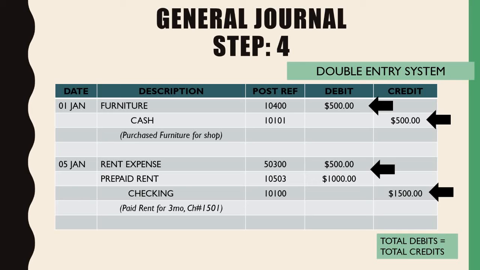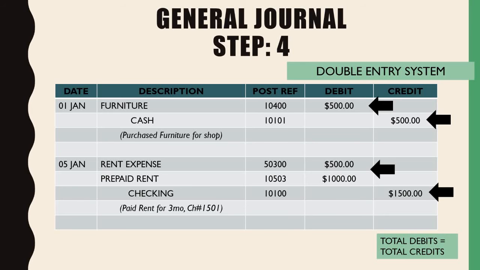So pretend we're on that number line again, right? We're using debits and credits as if they are dollars, okay? So that's why, for instance, the rent expense, right? The rent expense is $500 per month, and then the rent that we paid in advance was $1,000, and here I spent a total of $1,500 for rent.